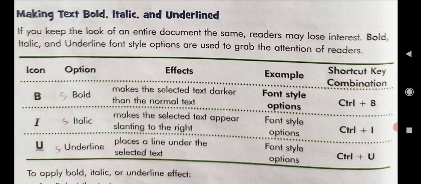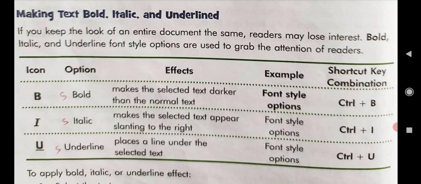Suppose we keep the entire document the same, with no change, then the reader reading this document will lose interest. They won't have any interest to read the document. So to make it interesting, we have to use the bold, italic and underline font style options. The reader must pay attention to the document and be interested to read it.